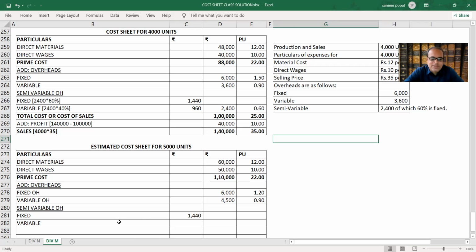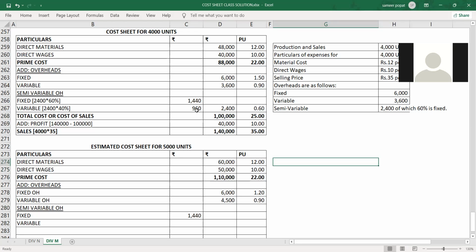Now, in this case, you need to apply the same rule. In case of variable, whether it is a part of semi-variable or directly some other cost is given, for all types of variable cost, its per rate will remain the same. So this 0.6 is based on 2,400. So that we cannot use. We need to find per unit variable cost from 960 rupees. It's 0.24.